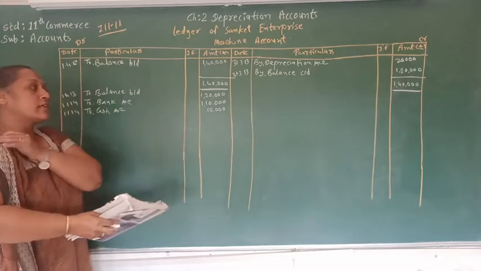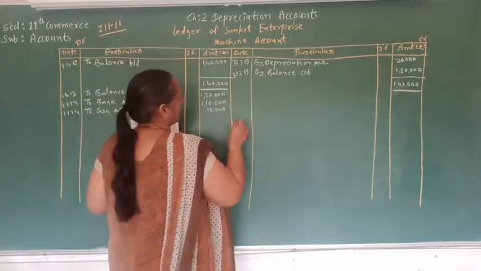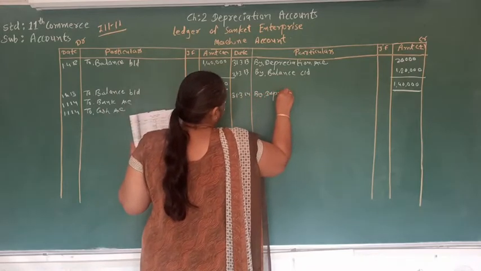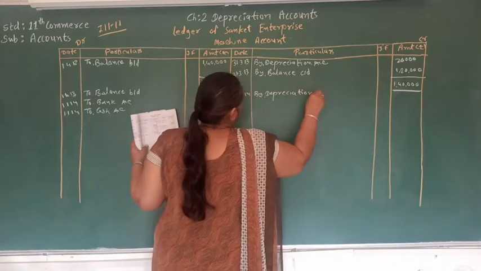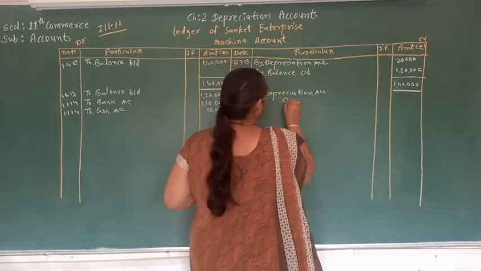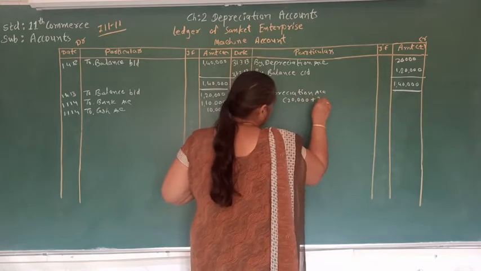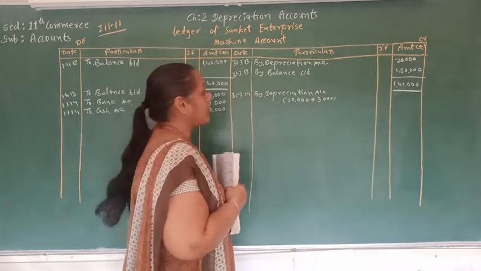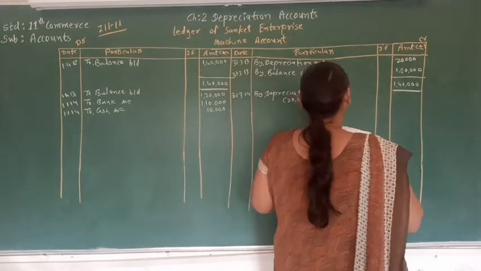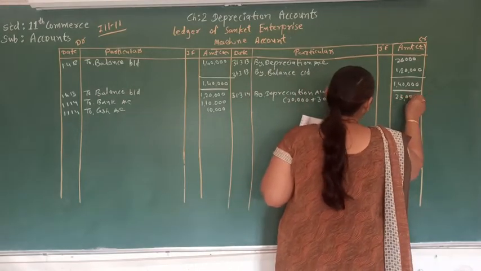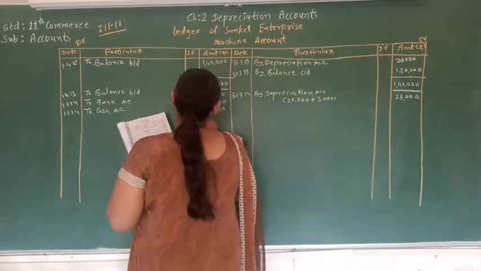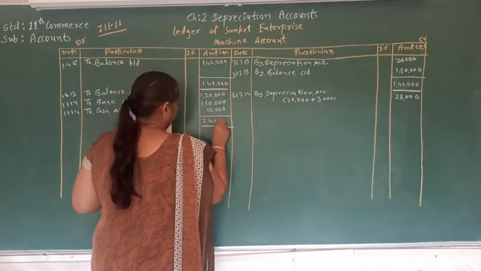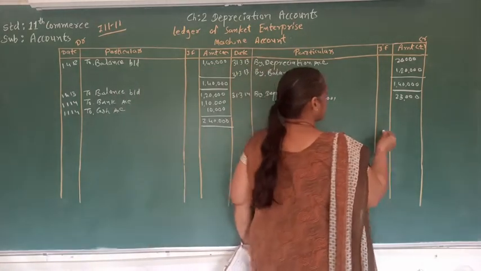At the end of the second year, we have provided for the depreciation in the working note. It is on 31/3/14 by depreciation account, and it was for the two machines. For the first machine, it was 20,000 as it is the straight line method, and for the second machine, it is 3,000 only for 3 months. So total depreciation will be 23,000. Now, let's close the machine account. The total of the machine account is 2,40,000.